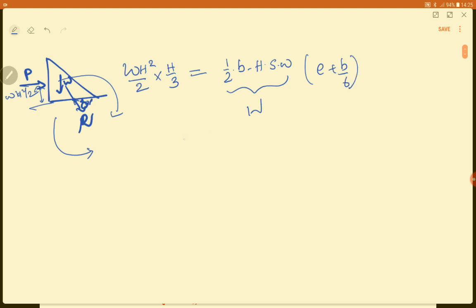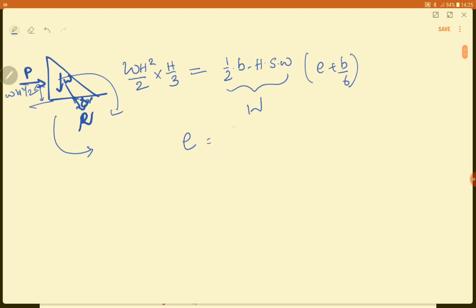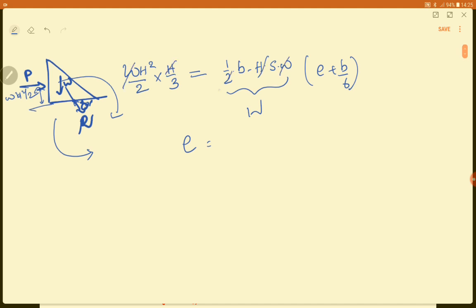So what is the equation for E? Solving this, just cancel out the common terms and substituting it again, you will be getting h square by 3 is equal to S into E plus B by 6, right?